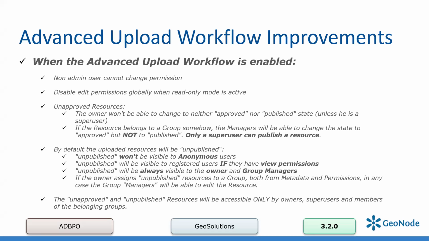If you want to enable this advanced upload workflow, basically you will enable an approval workflow on GeoNode that allows you to pass through a manager and a superuser before publishing a new layer or a new map or a new document to the public. The resource must be approved first by a manager, and then it must be published explicitly by an administrator in order to be publicly available.